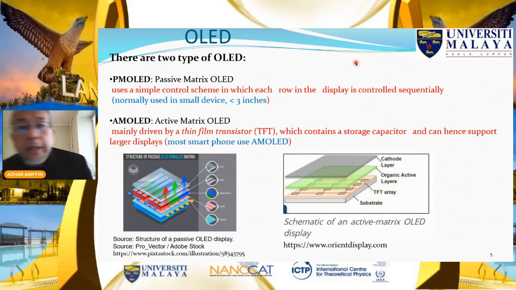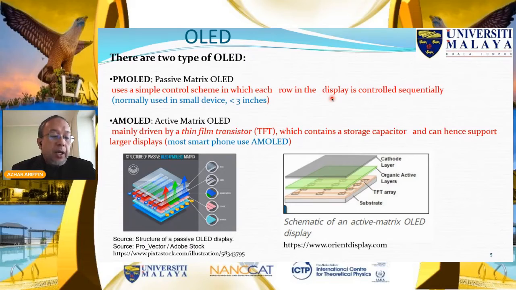In the market today, there are two types of OLED available. One is the passive matrix OLED, or PM OLED. This passive matrix OLED uses a simple control scheme in which each row in the display is controlled sequentially, and this kind of PM OLED is mostly found in devices smaller than 3 inches.